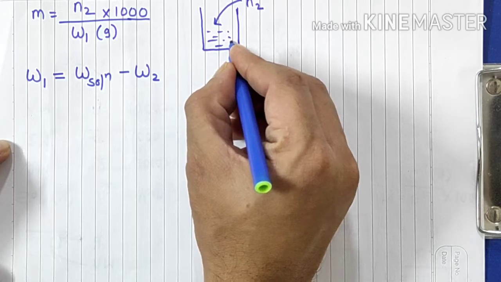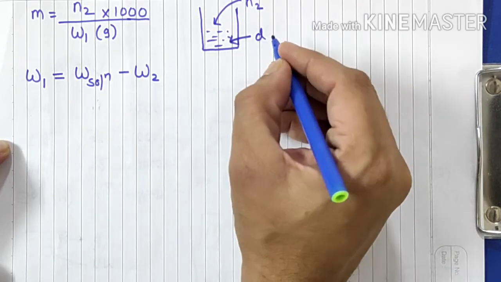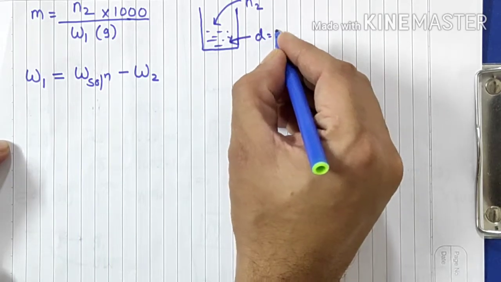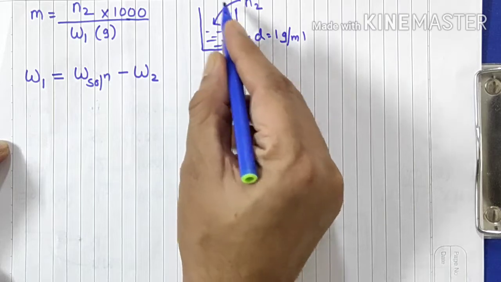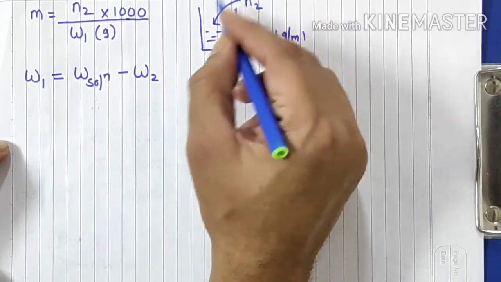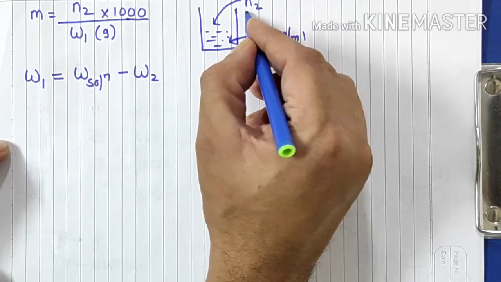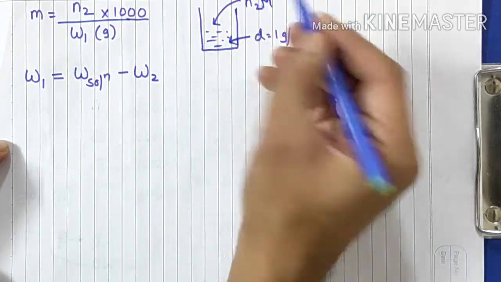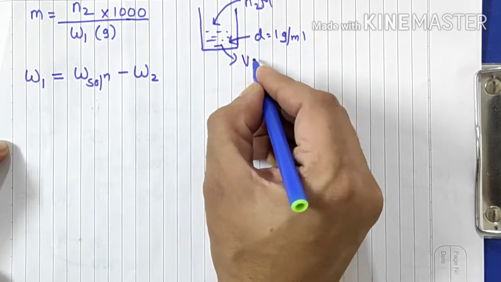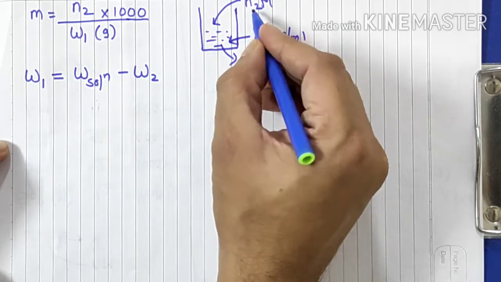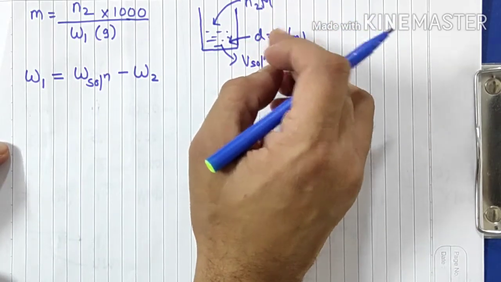This solution will have certain density, that density suppose is d, or I can take 1 gram per ml. And the molarity of this solution, suppose I say N2 molar, then the volume will be volume of solution, because we are talking about molarity, right? Understood this point?